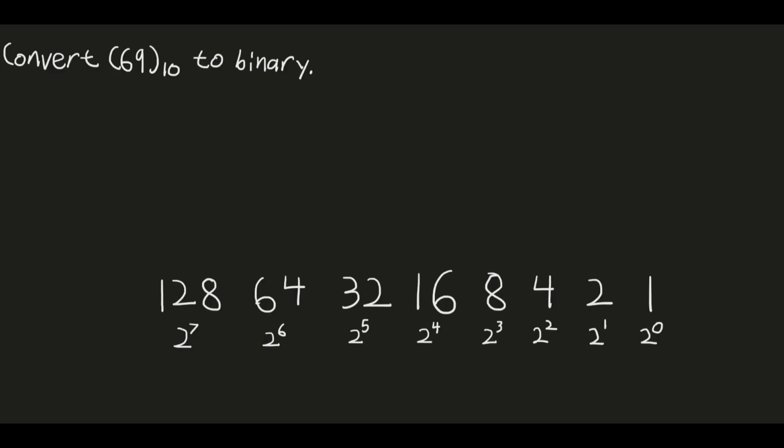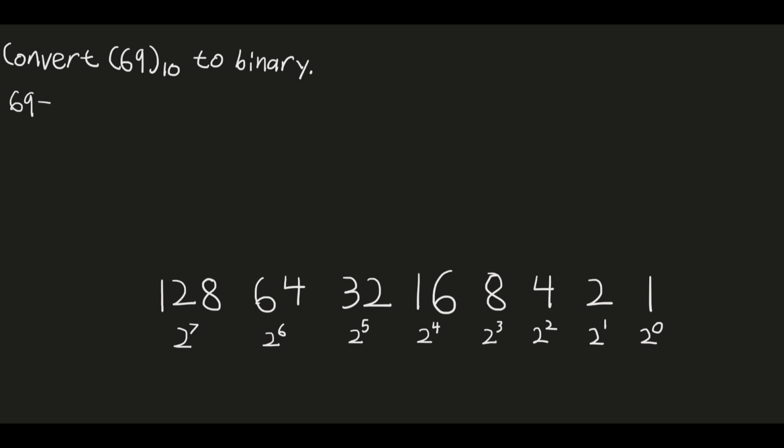Okay then, let's convert the number 69 to a binary number. So, as previously, we want to refer to the chart down below and look for the greatest number that isn't greater than 69.